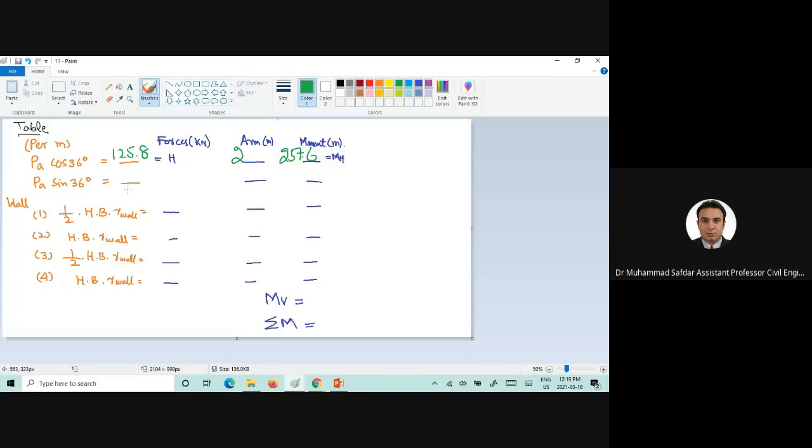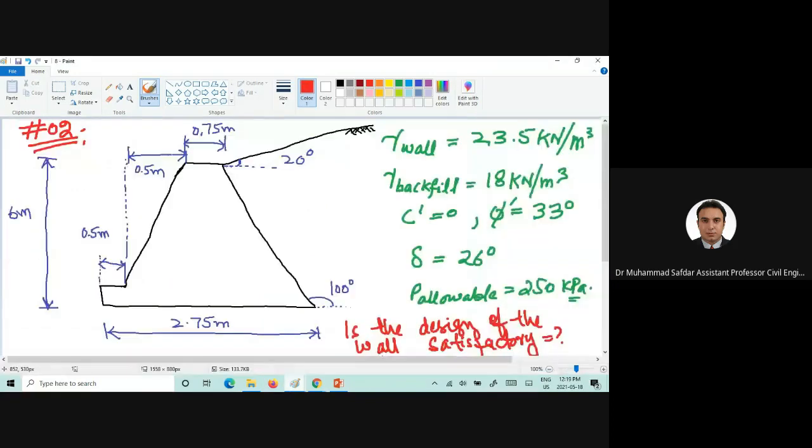So the vertical component of the lateral thrust would be equal to 91.4. 91.3. And how about the lever arm for the vertical component? Let me show you this one.